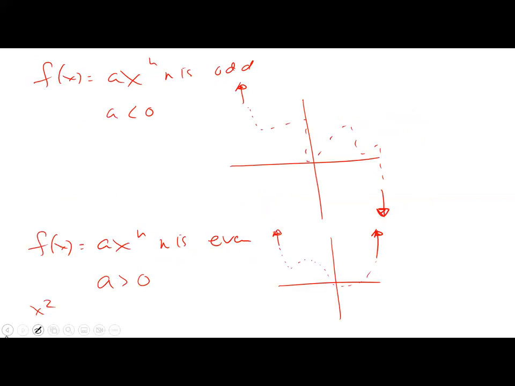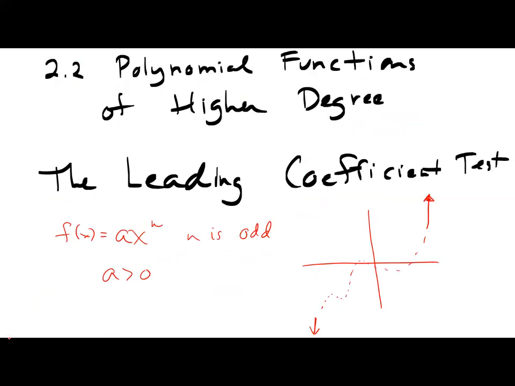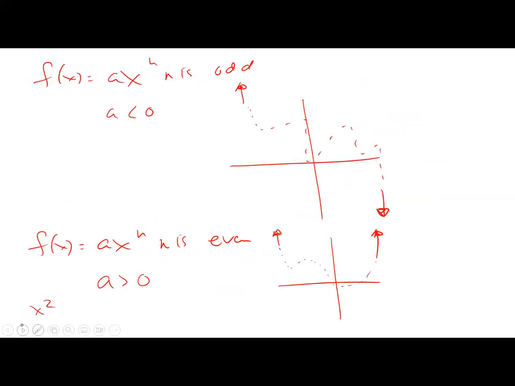If we go back in our notes here, even, odd, it would be this one right here. Is that right? If that makes sense. You guys good there? This is an odd leading coefficient, and A is going to be less than 0. So A is a negative value there. One more, then we'll move on.